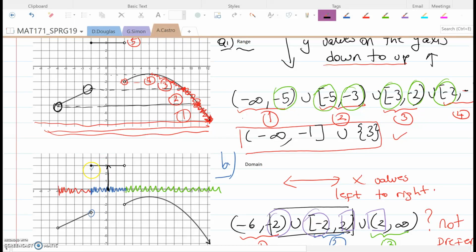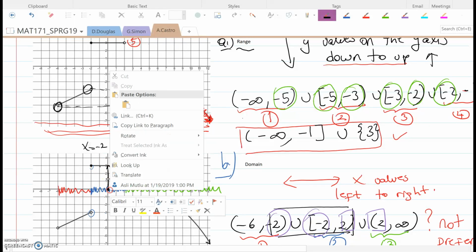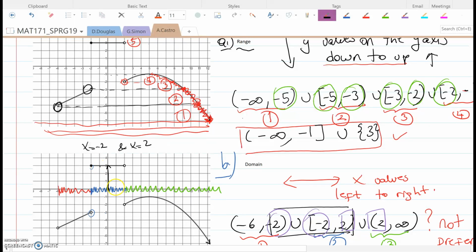For f of 0 equal to 3, I just want to mention something. The function is taking the value 3 actually between the x values of -2 and 2. So f of negative 2 is 3, f of negative 1 is 3, f of 0 is 3, f of 1 is 3, f of 2 is 3, f of 1.5 is 3, f of half is 3.